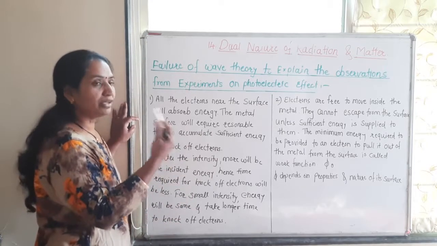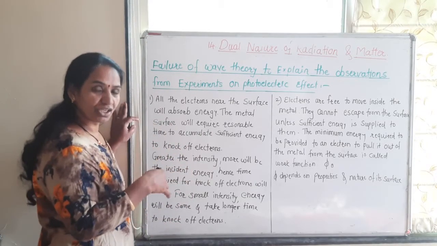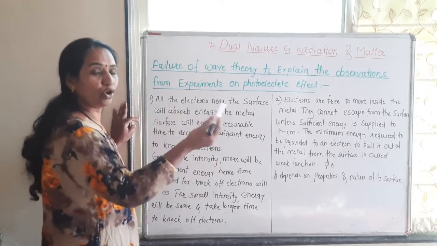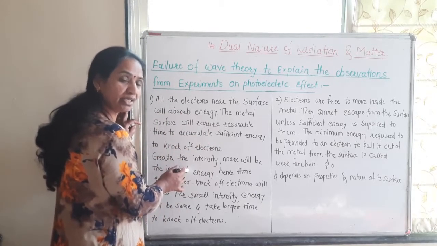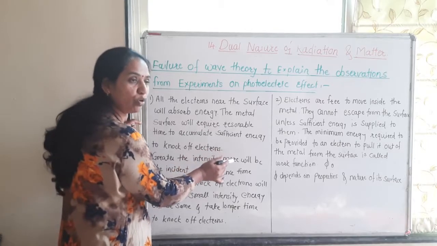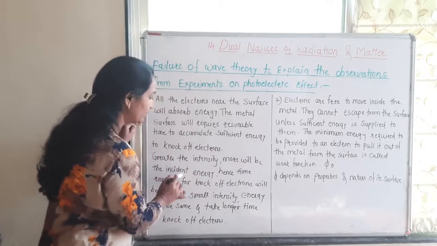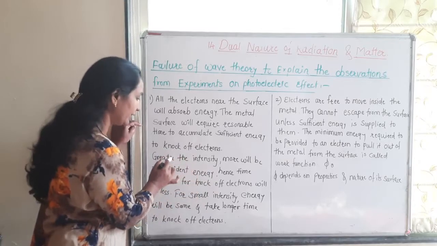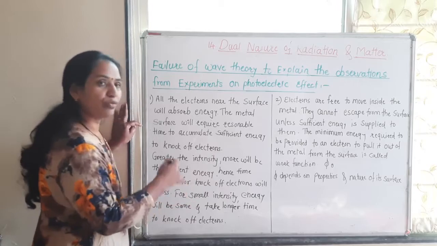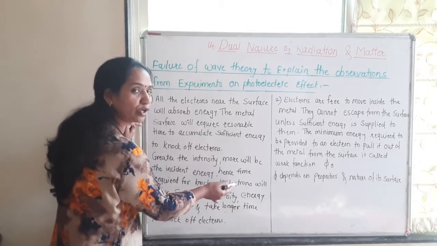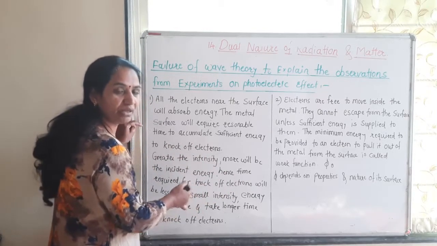If there is a greater intensity, then more will be the incident energy, so the time required to knock off electrons will be less.